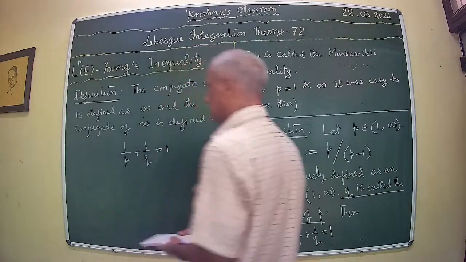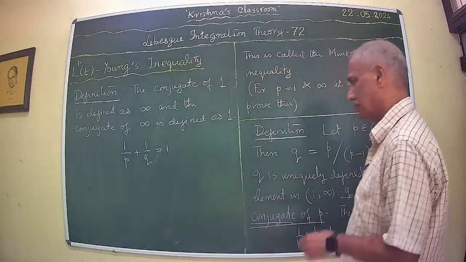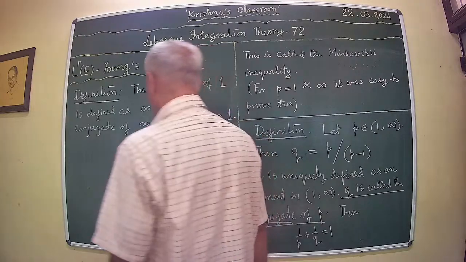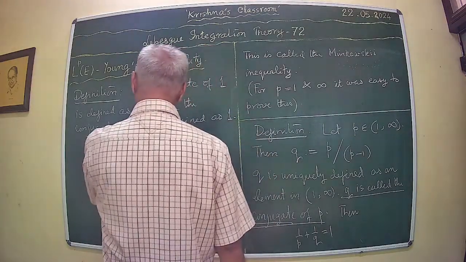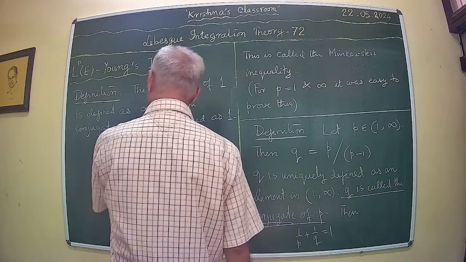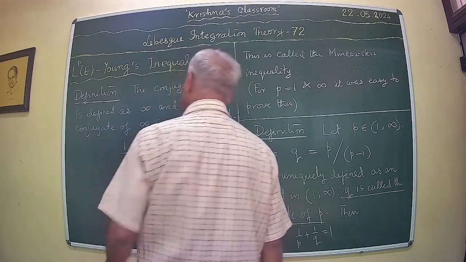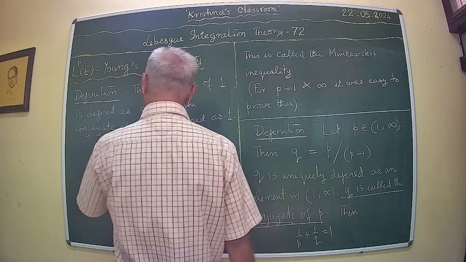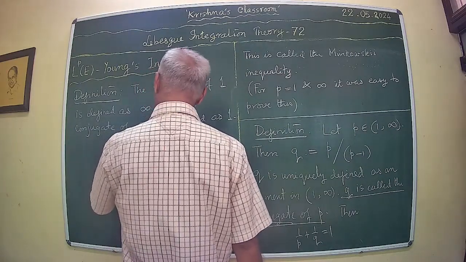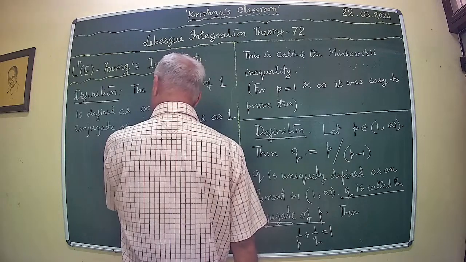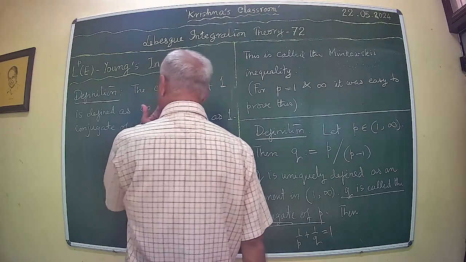If you want to keep this relation intact, if you let p go to 1, then 1 by q goes to 0, and that's possible. Q is non-negative, so q goes to infinity. And when p goes to infinity, then what happens is 1 by q equal to 1 and q equal to 1.